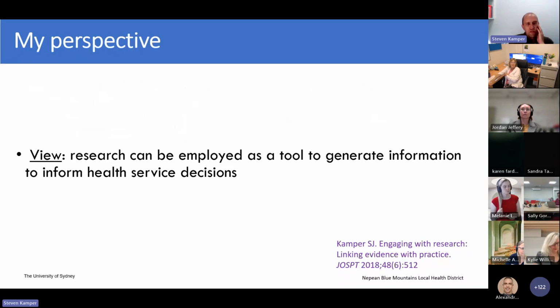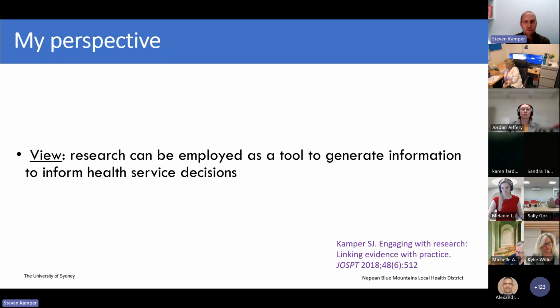In terms of my perspective or my point of view, and I think this is important because this is really what underpins what I'm going to talk about today, I have a very broad view of what research is, and hopefully that will come through.